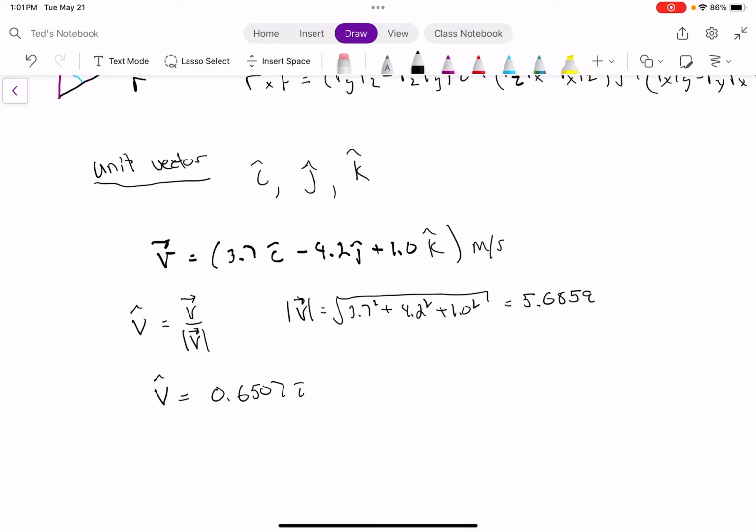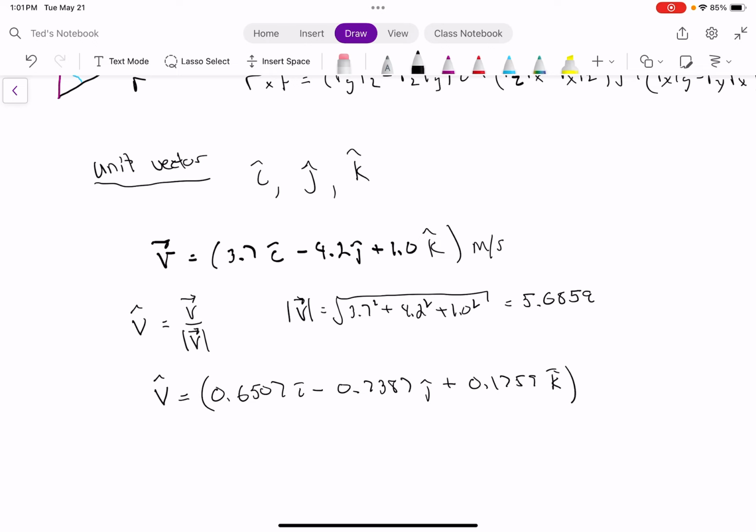i hat minus 4.2 divided by 5.6859, 0.7387 j hat plus 1 divided by 5.6859 gives me 0.1759 k hat.